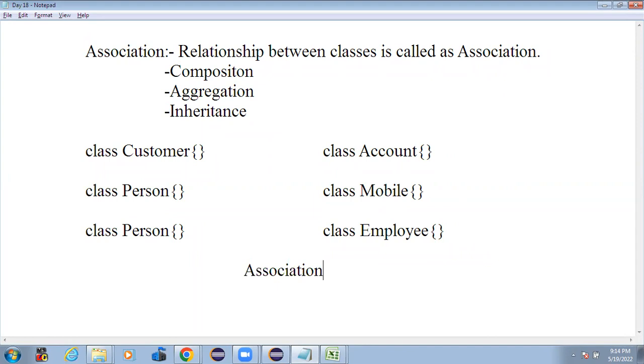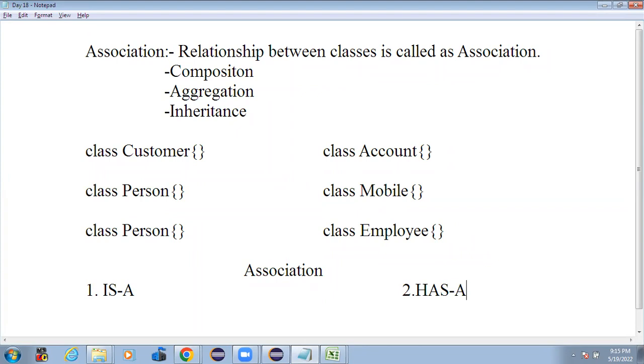One is an is-a kind of relationship, and the second is a has-a kind of relationship.